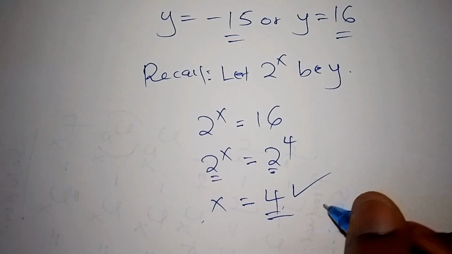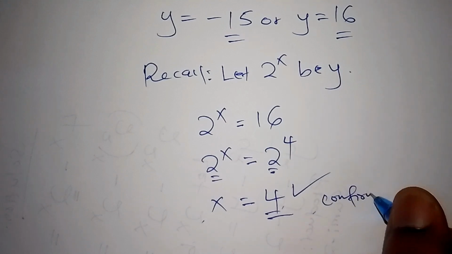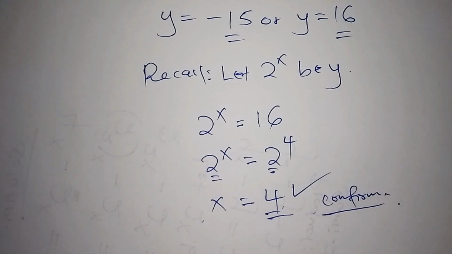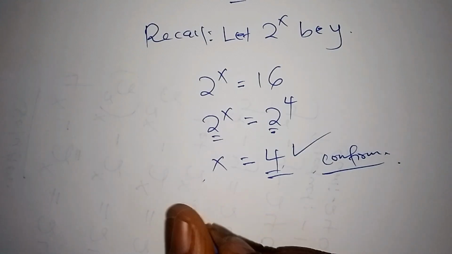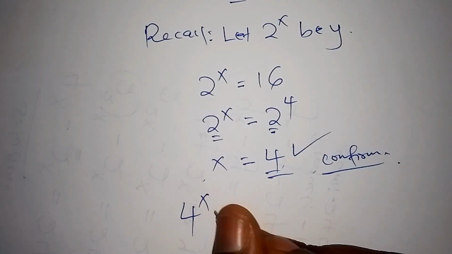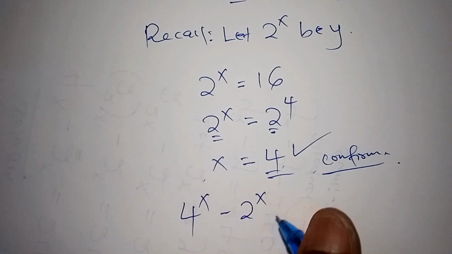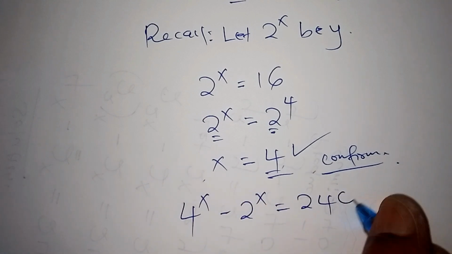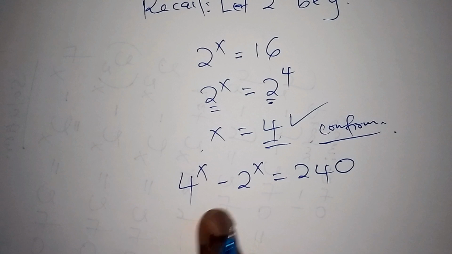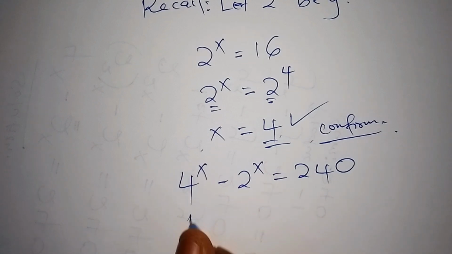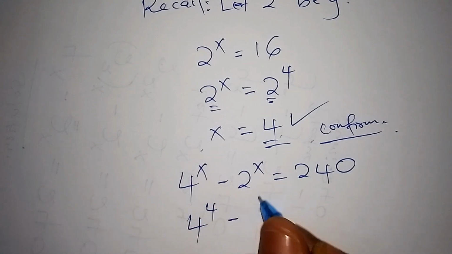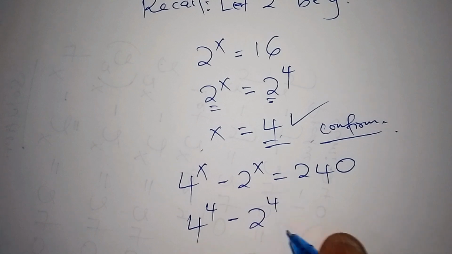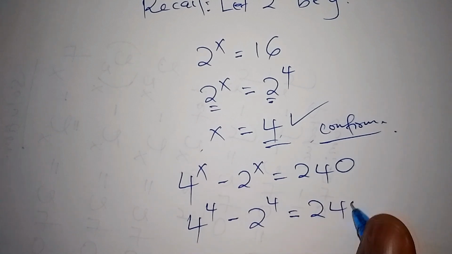So we can confirm or check if it is indeed true by having our question, which was 4 to the power of x minus 2 to the power of x is equal to 240. So where there is x, we write 4. So in this case we shall have 4 to the power of 4 minus 2 to the power of 4 is equal to 240.